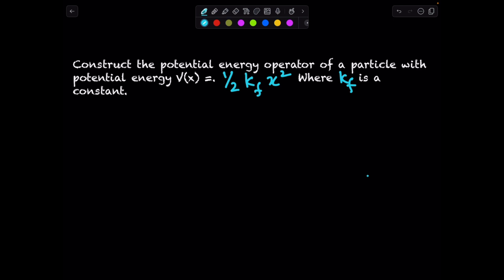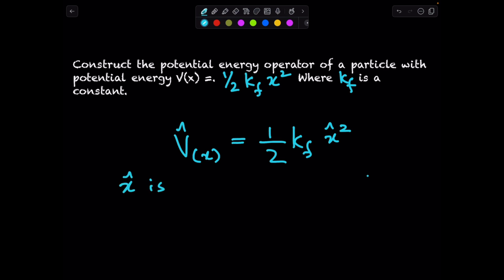So V cap of x, the potential energy operator, would be half of k f times x cap squared, where x cap is the position operator.